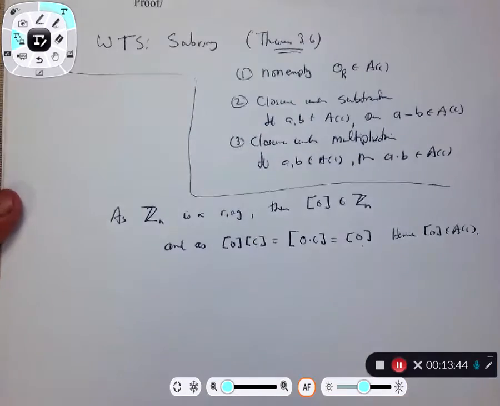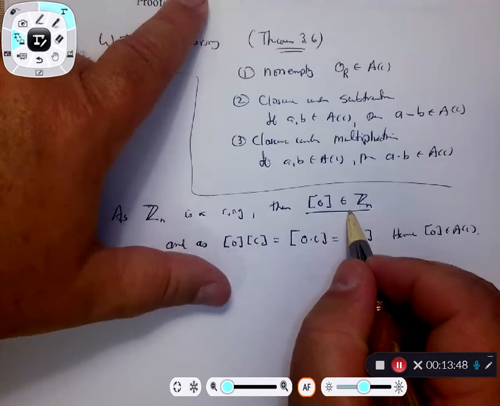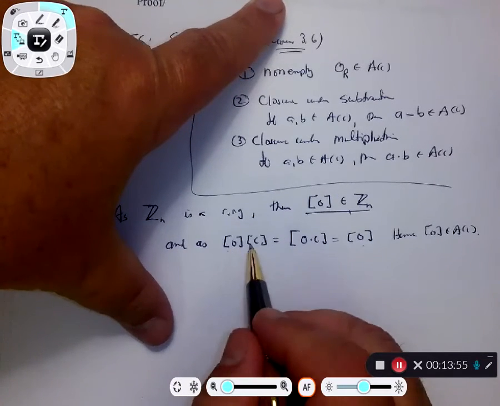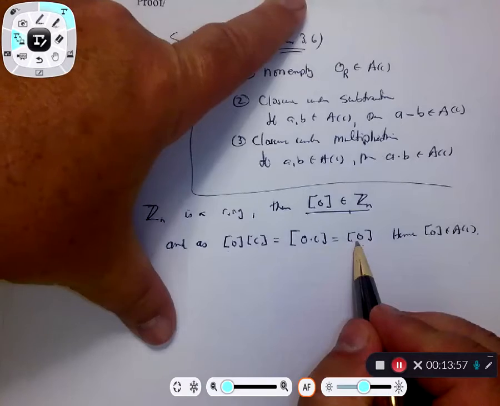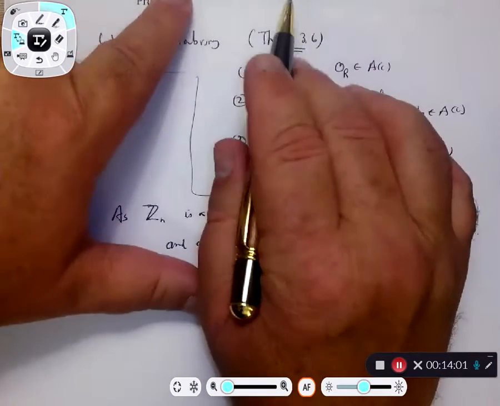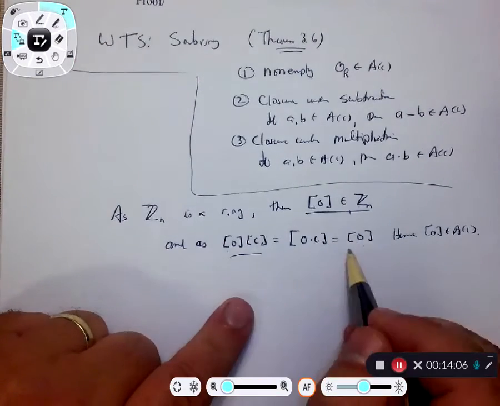So let me underline this. 0 is an element of Zn. It's obvious, part of Zn being a ring. Also, equivalence class 0 times C does equal equivalence class 0. So where I come from and what property I have are both satisfied.